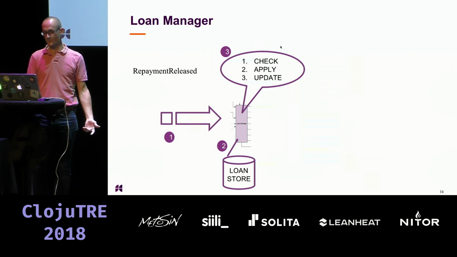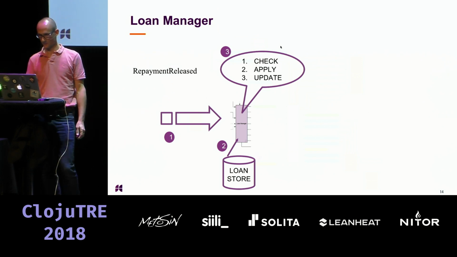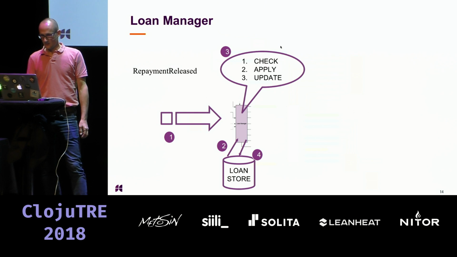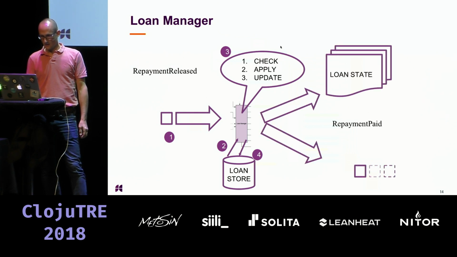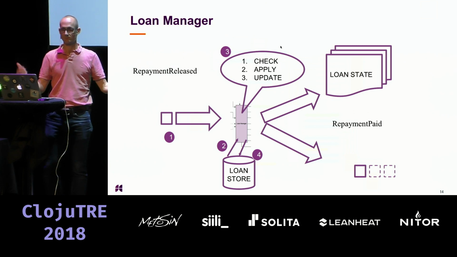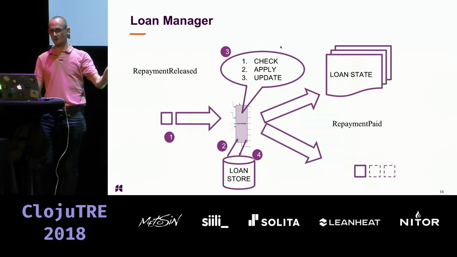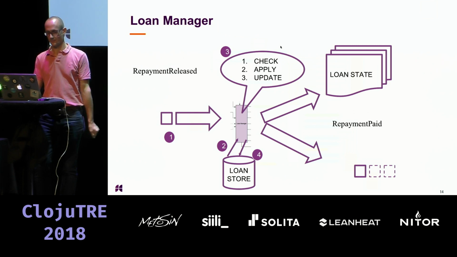And finally, it updates the loan store with the newest state. And then it publishes the new state, okay, for the outer world to know about it. And also the repayments it emitted along the way to react to that event, okay? So if a repayment has been released, once it's been applied, the loan manager says, hey, repayment paid, right?